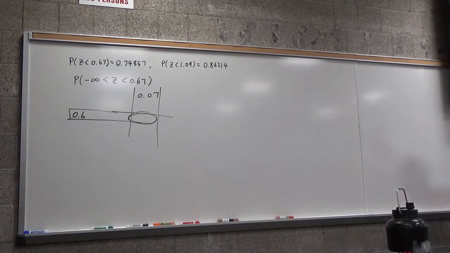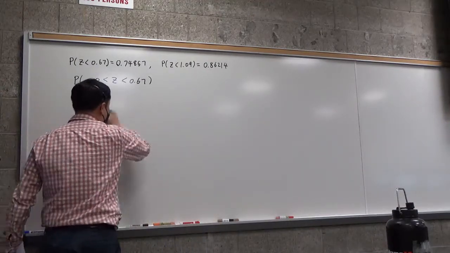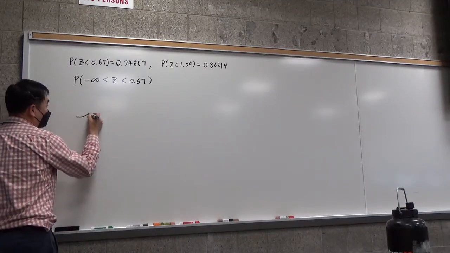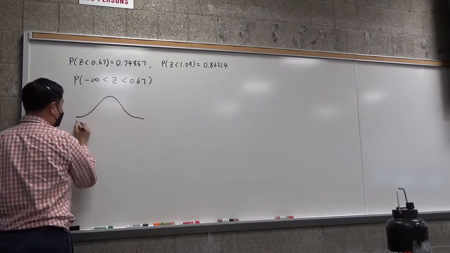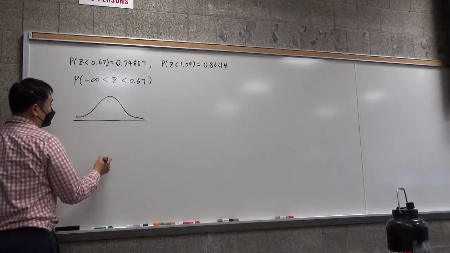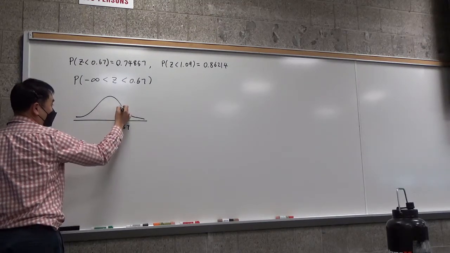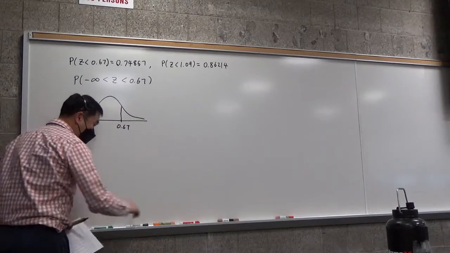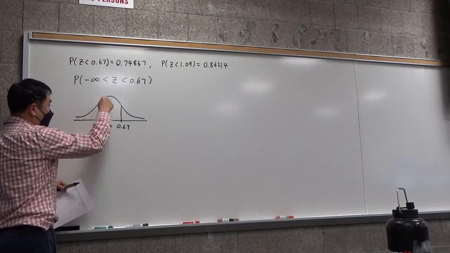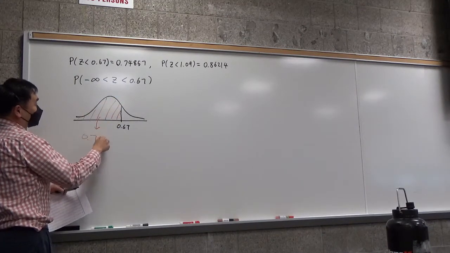And you have to understand that the accompanying graph I frequently give you, the bell-shaped distribution, has the following meaning. See, here is 0.67. And if you look at the area before 0.67, this area right here, this area has the value of 0.74857.